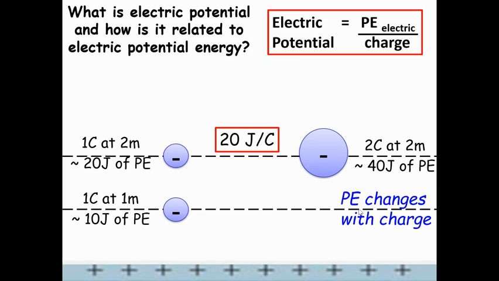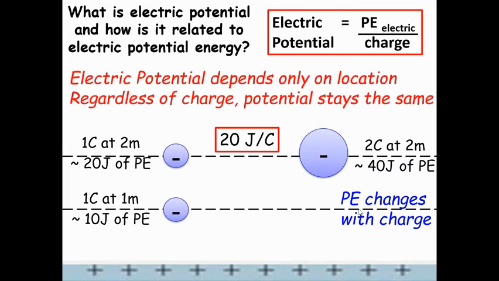If you take the potential energy and divide it by the amount of charge, this gives us a consistent value that stays the same regardless of charge. At this location, no matter what amount of charge you place here, the electric potential stays the same. We calculate electric potential by taking energy divided by charge.